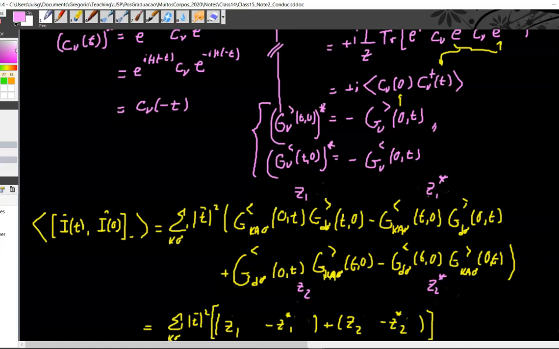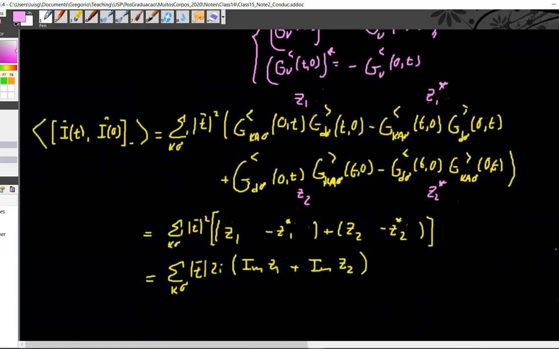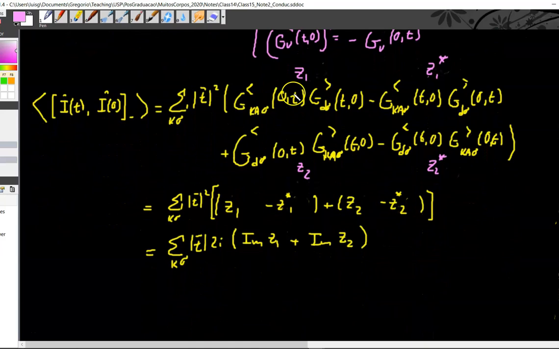Now things are getting more interesting, because here I have Z1 minus Z1 star, which is 2i times the imaginary part of Z1. And here I have Z2 minus Z2 star, which is 2i times the imaginary part of Z2.